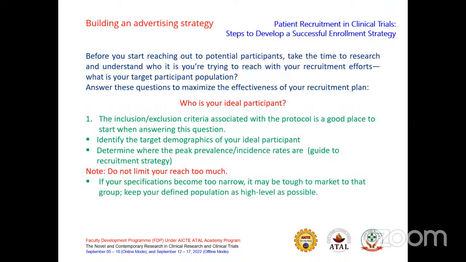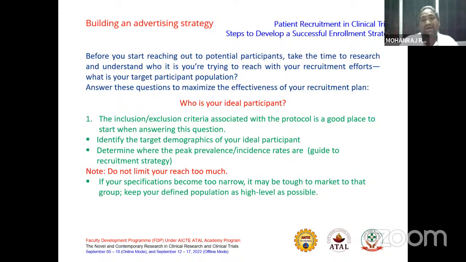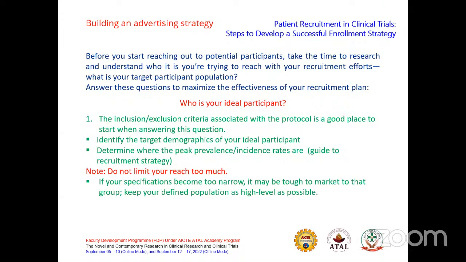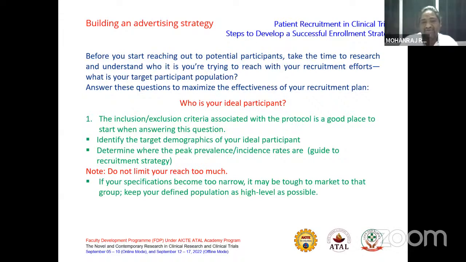And once you have fixed your ideal participation, we have to ensure that we do not limit our reach too much. So not to go for more cut down of information, because whenever there is a cut down of information, whenever we plan for advertising, maximizing effectiveness will be a limitation.